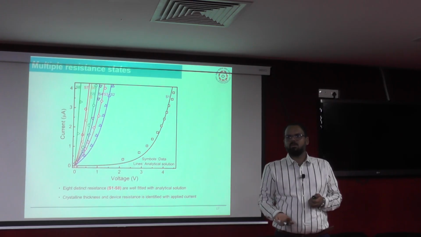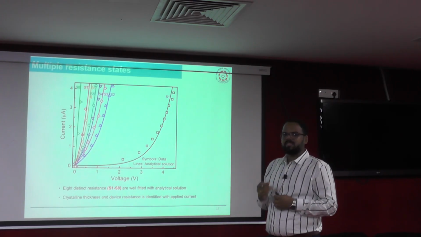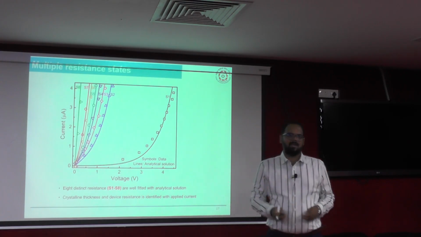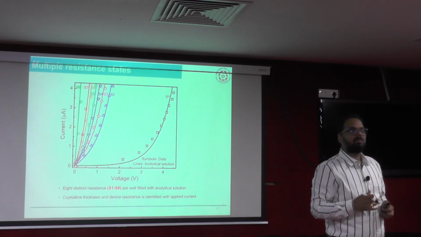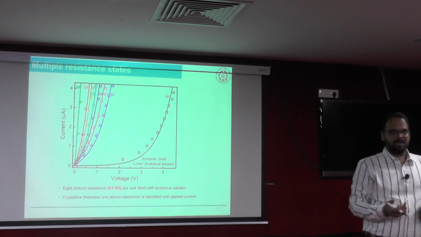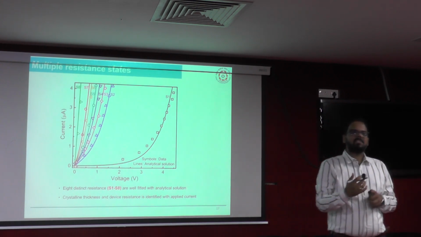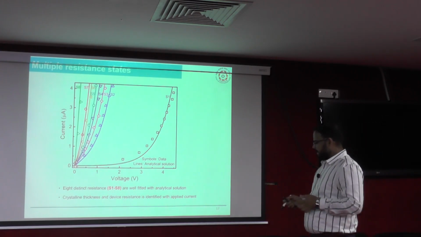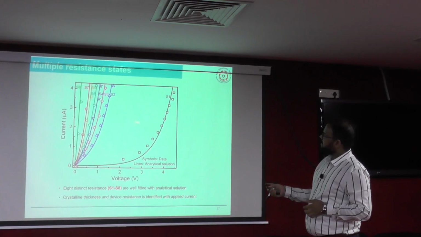The reset operation we still need to identify, but in case of the set operation we have seen systematically that it is showing 8 distinct levels. 8 distinct levels means how many bits? 3 bits. So this is the way 8 different levels can be seen.